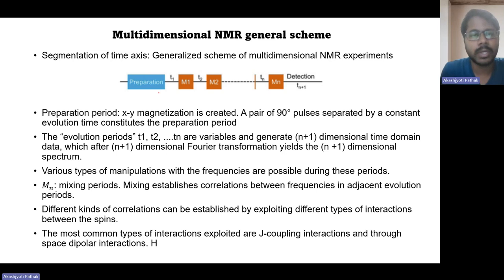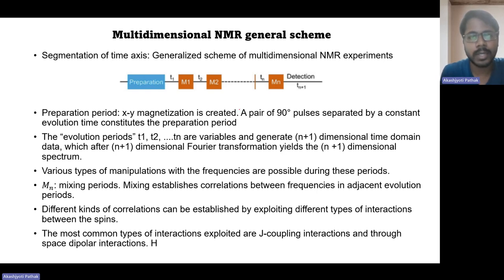So what is the preparation period? In the preparation period, the XY magnetization is created. Here a pair of 90-degree pulses separated by a constant evolution time constitutes the preparation period.